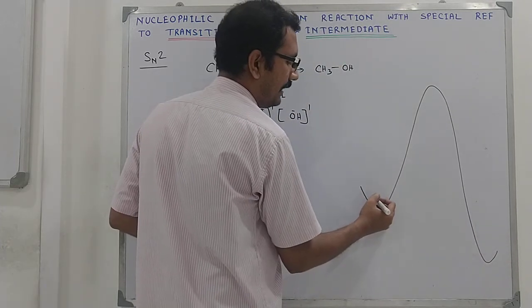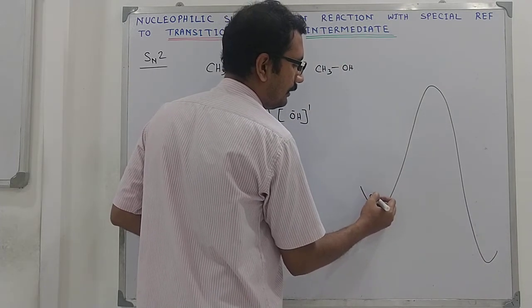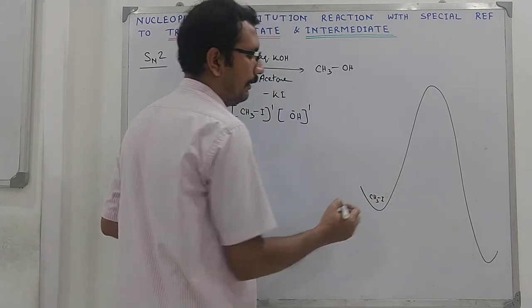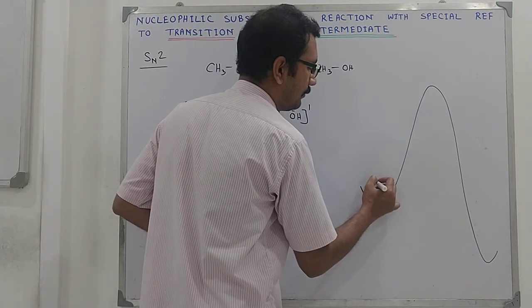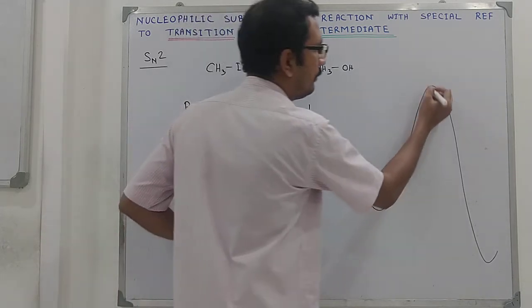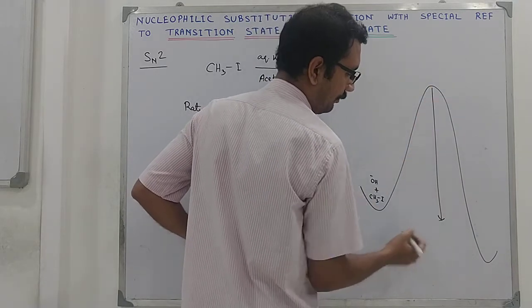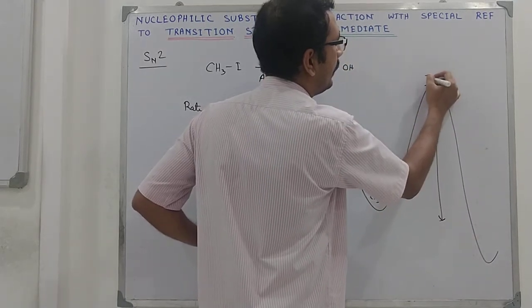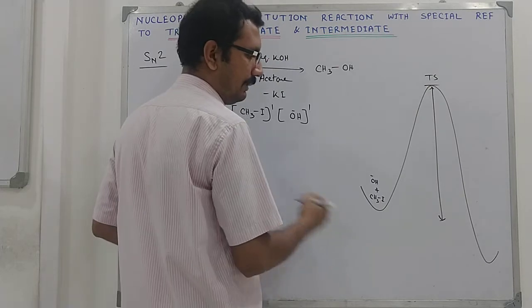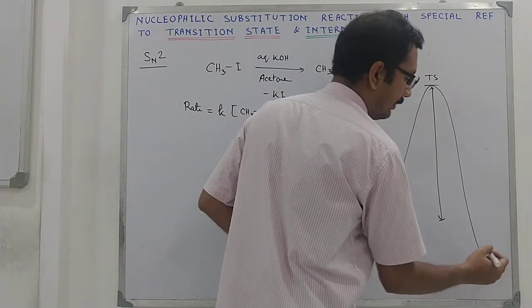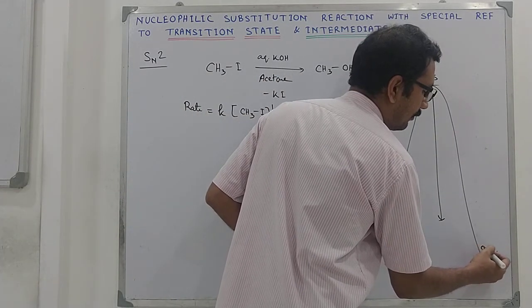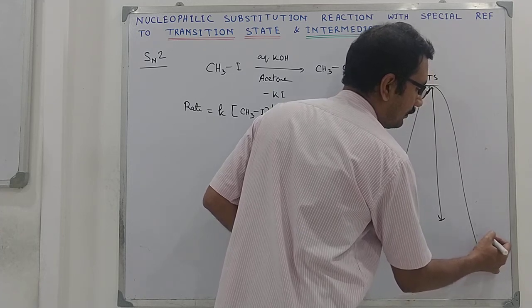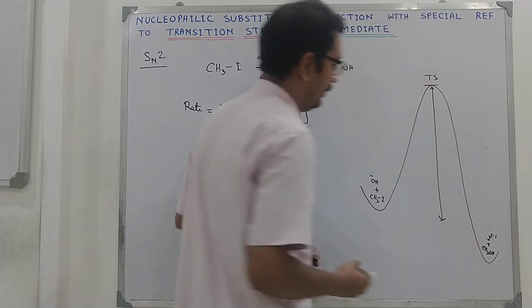This one is the reactant, that is here CH3I, and OH minus will also participate, since only one step is available for the reaction to complete. Here it will be the TS, the transition state, which I have shown you just now, and here we will have the product CH3OH plus I minus.